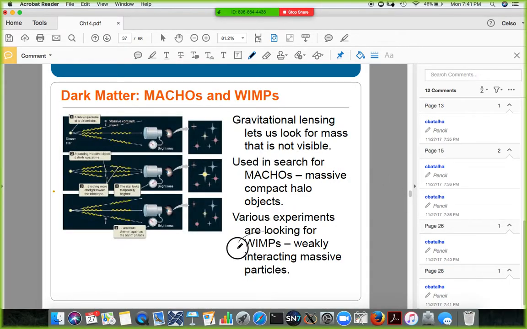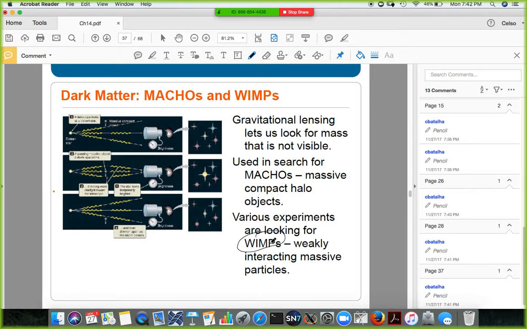The names are WIMPs. Those are the most agreeable candidates, weakly interacting massive particles. These particles pop in and out, and they can't be observed because they are short-lived, but they are massive.